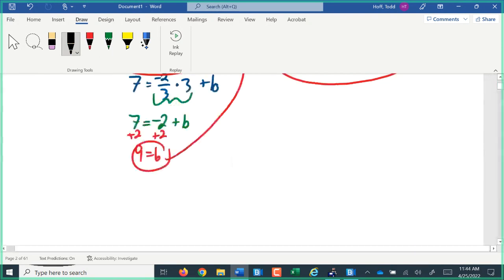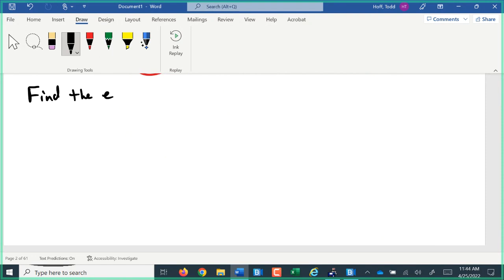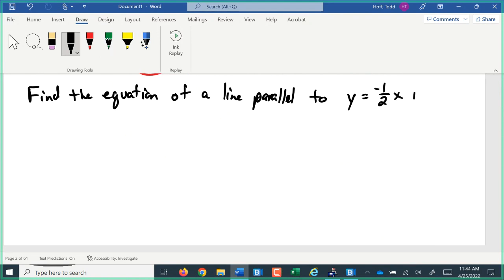The next stage was to look at parallel and perpendicular lines. Find the equation of a line parallel to y equals negative 1/2 x plus 7 and through the point 4, 3.